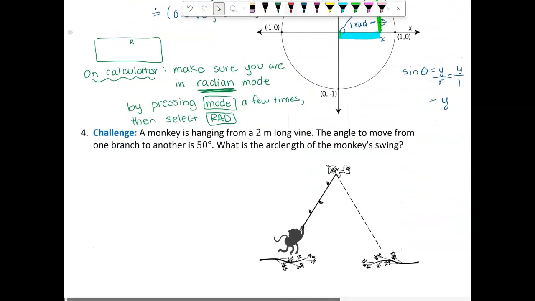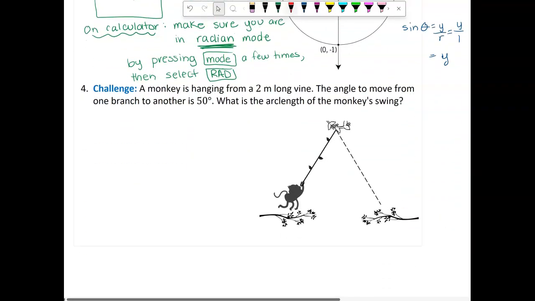So let's quickly do one challenge question and apply radian measure to it. We have a monkey hanging from a 2-meter long vine. The angle to move from one branch to another is currently written as 50 degrees. What is the arc length is what we're after, so basically this distance here.